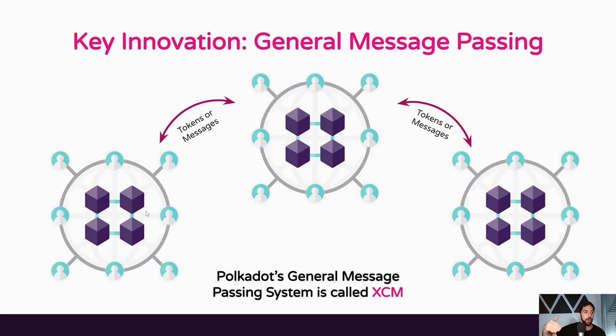Actually, sending tokens is a subset of sending a message, because it's basically sending a message saying, hey, can you create this representative token of this one USDC that someone deposited on another blockchain? So general message passing allows you to communicate any message from one blockchain to another.